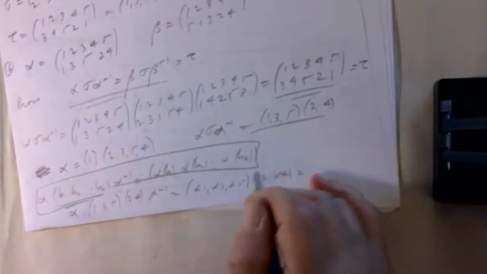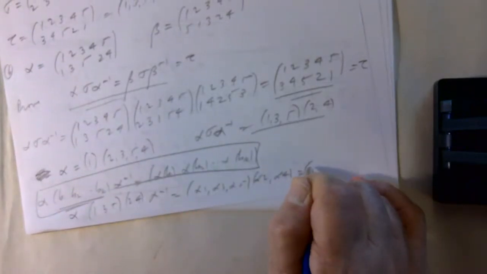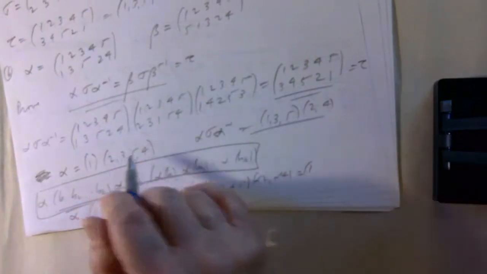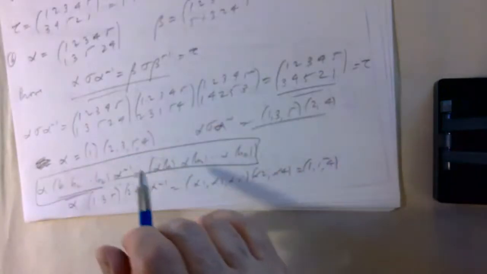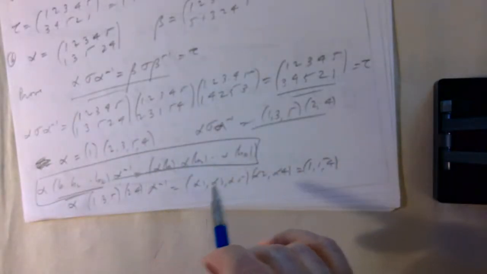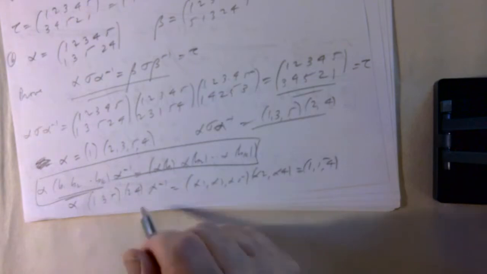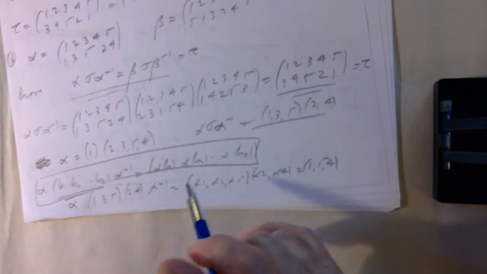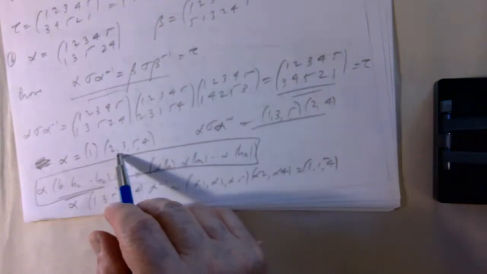Well, here's alpha. Alpha of 1 is 1. Alpha of 3 is 5. Alpha of 5 is 4. And see what happened to my sigma? Into this. Oh, and alpha of 2, alpha of 4. Alpha of 2 is 3, and alpha of 4 is 2.